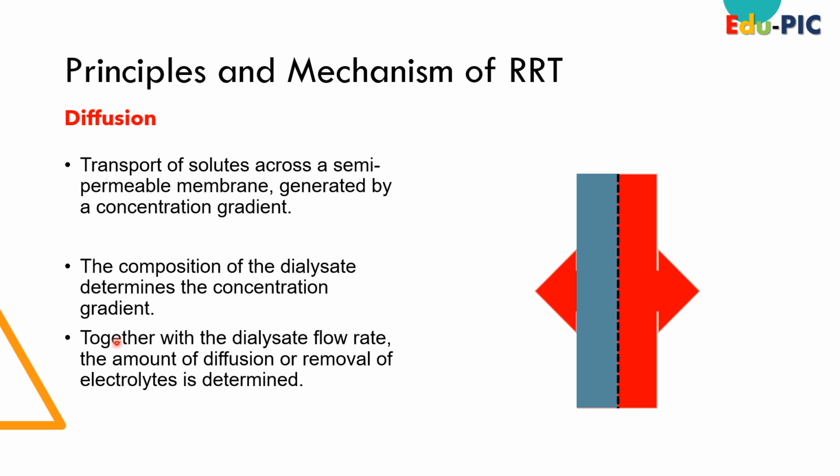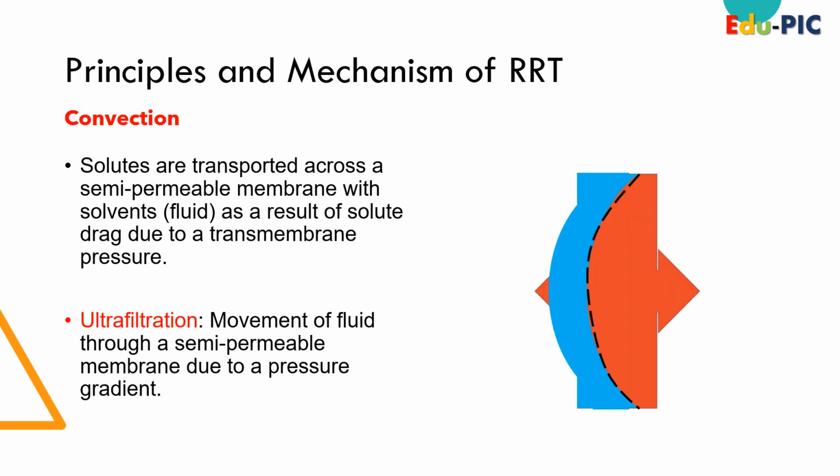Is that the only thing that affects what you get out? Well, actually not just the concentration, it's also the flow rate. So how long do you keep the fluid in front of the bloodstream would affect the amount that you diffuse out, basically. All right, so this is diffusion, and it happens passively.